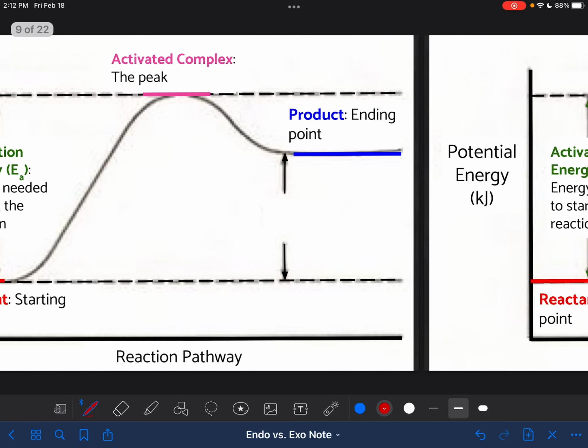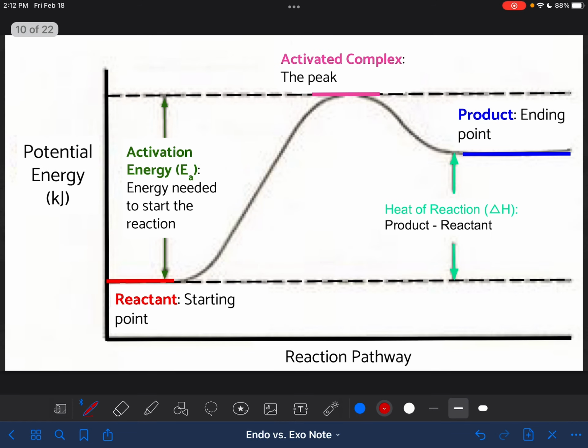Next, we have the final part, which is the heat of reaction, also called change of heat, or delta H. It is a simple calculation: product minus reactant. The ending minus the starting point.